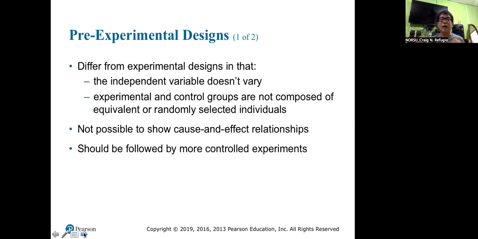So take note: if you have experimental uncontrolled groups, and assigning participants is not done randomly and the groups are not equivalent on some equating variables, then that is part of the pre-experimental designs. It is not possible to show cause and effect relationships, so it should be followed by more controlled experiments.